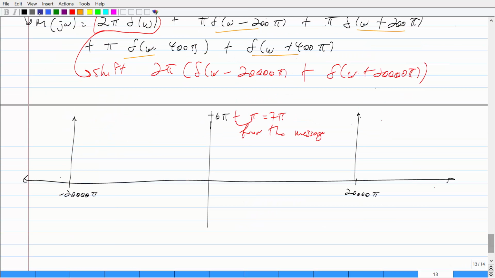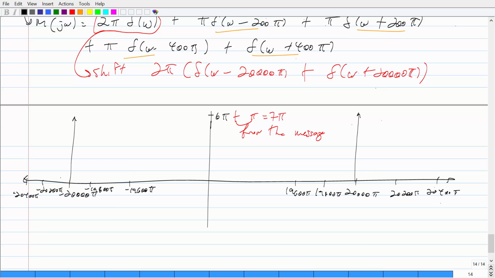Okay, so let's see. We have 19,800, and we have 19,600, and then we have 202 and 204. So we have 204, and then 202, and then 19,800, and then 19,600.